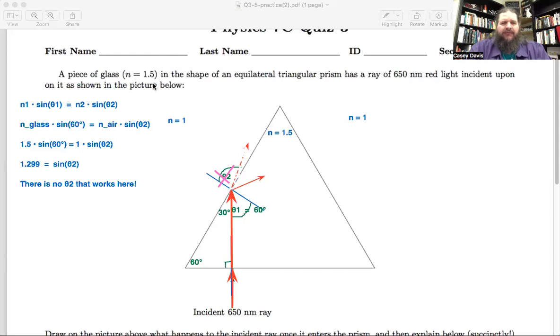We only get a reflected beam, which, by the way, tells us that the reflected beam is the same brightness as the original incoming beam, because none of the energy leaves the prism. All the energy of the light bounces back. So we would call this total internal reflection, that none of the light leaves as refracted beam. All of it bounces back as a reflected beam.